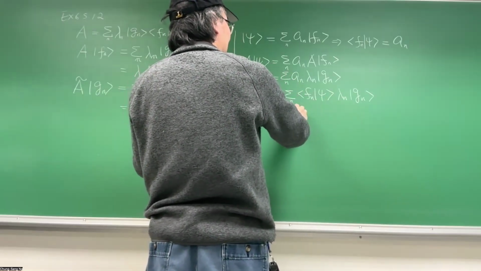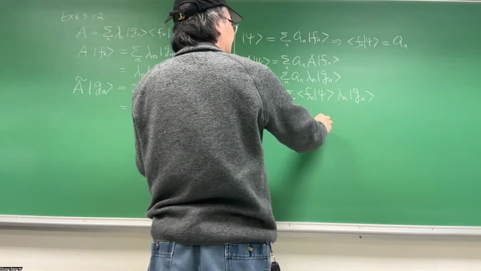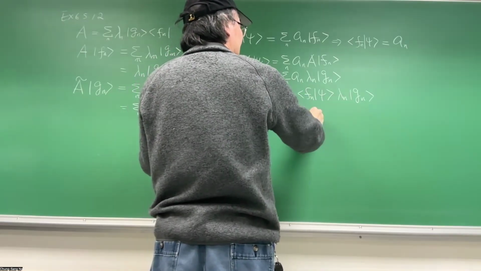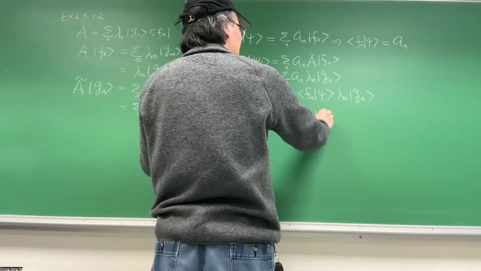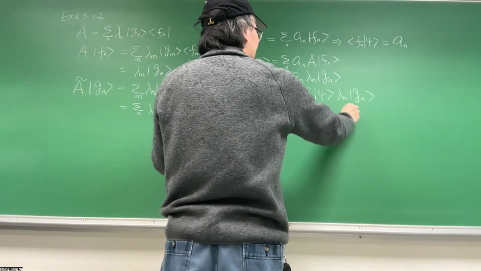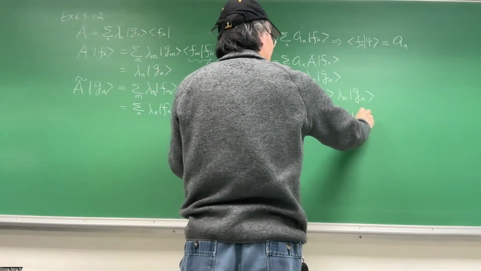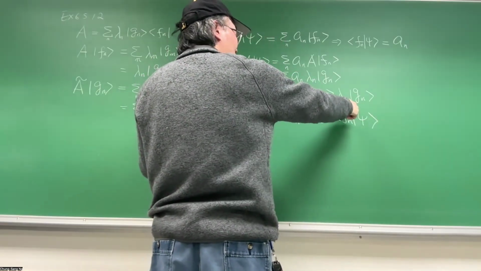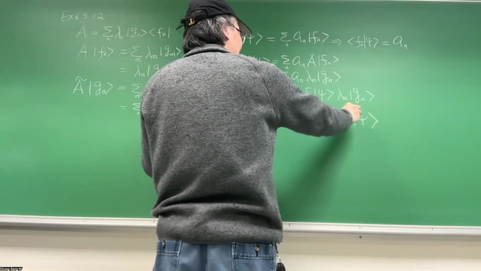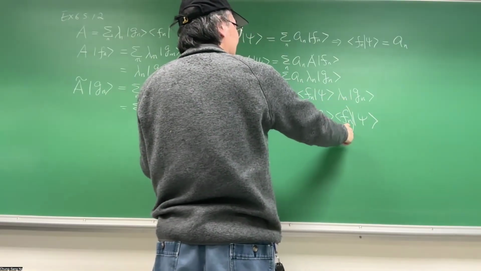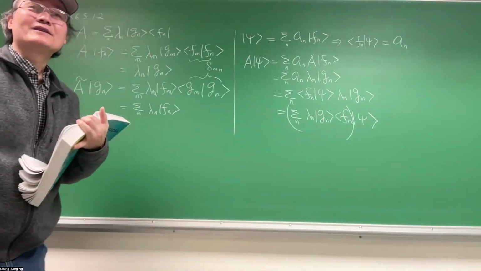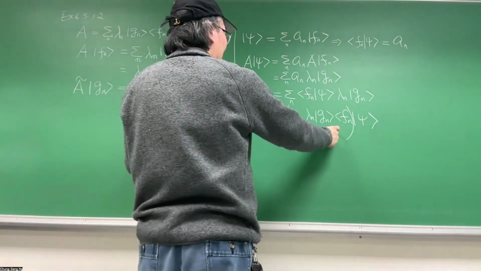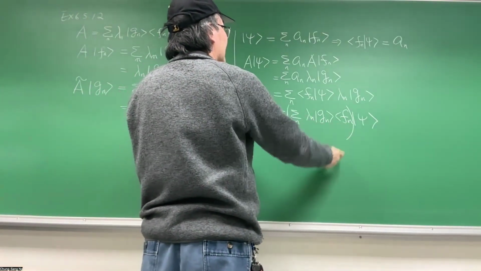So put this here first, lambda n, F sub n. And then you artificially truncate this into two and call that operator n. Right. I mean, symbolically, you can say something like that.